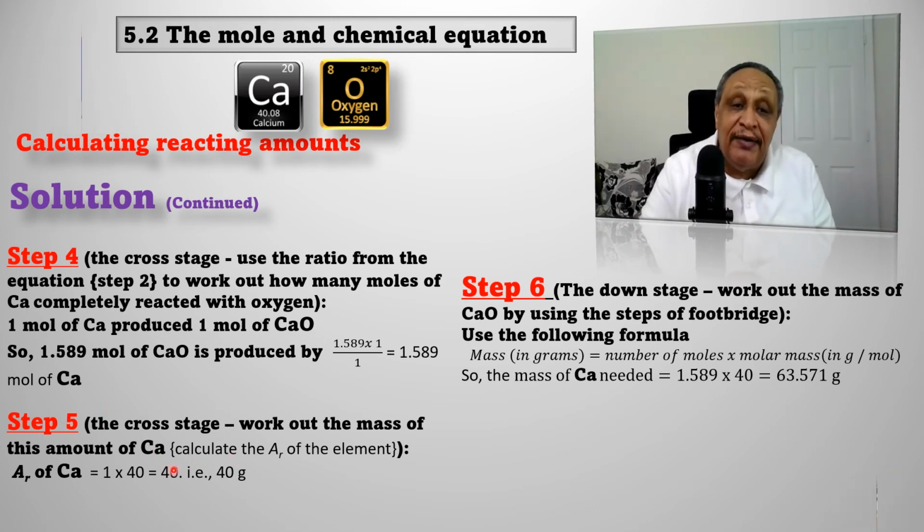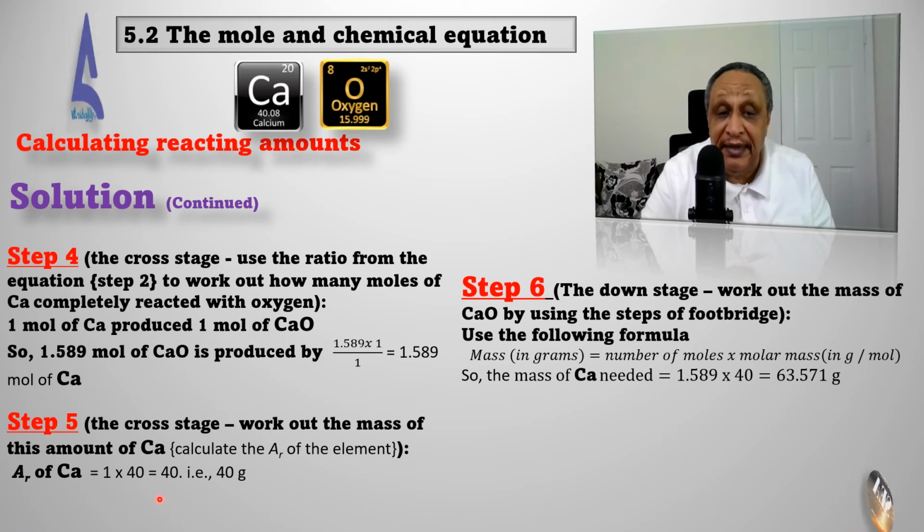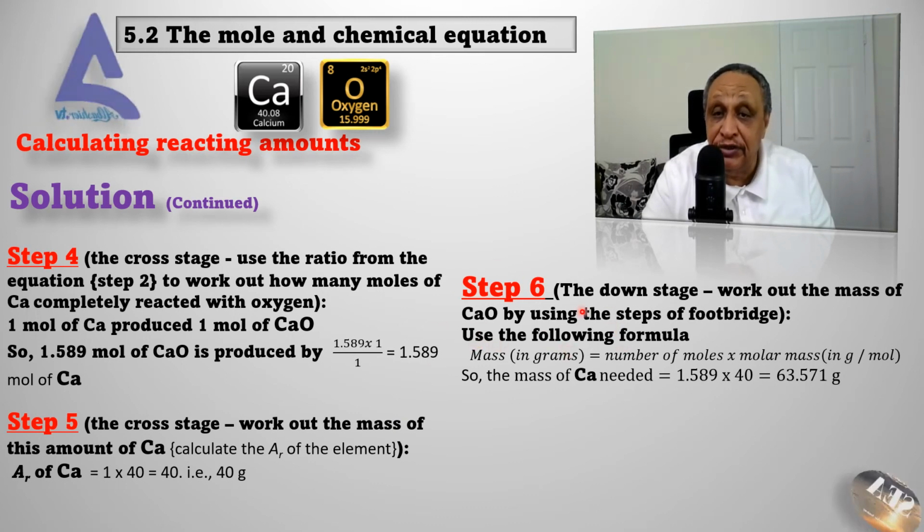Now I am going to take the relative atomic mass of calcium and express it as gram, which is going to be the molar mass, so gram per mole. Then in step 6, I'm going to use the mass in gram equals the number of moles multiplied by the molar mass.